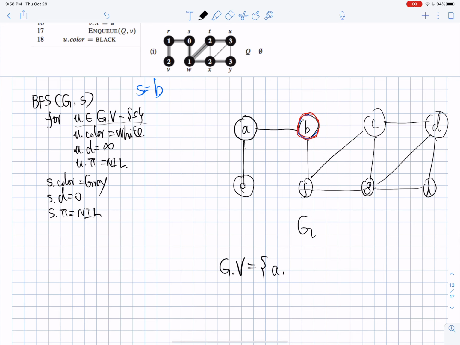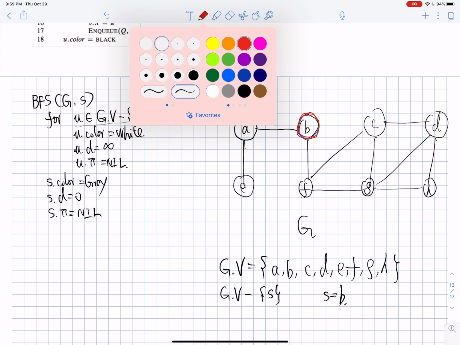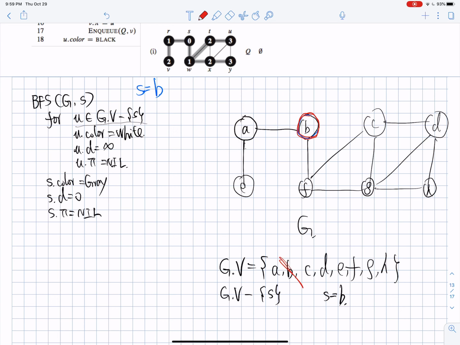So for the set of nodes, we have A, B, C, D, E, F, G, H. If we have G dot V minus S, here we have S as B, so we want to exclude B from this set. What we get is, for each U inside this set, A, C, D, E, F, G, H.